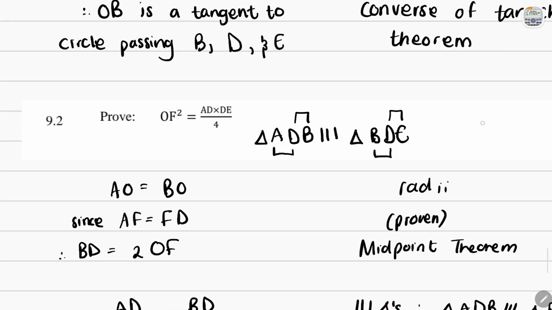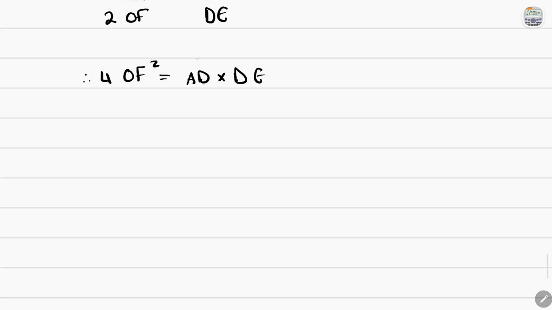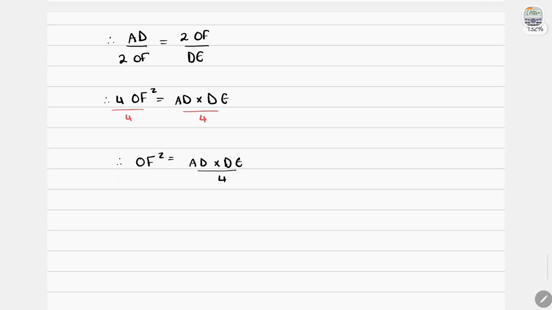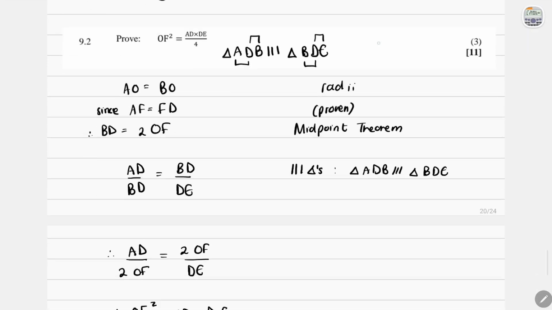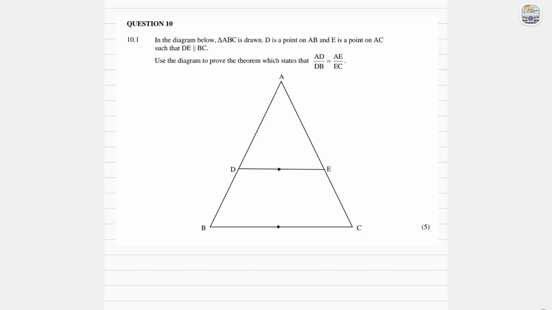And then you can see that they just divided both sides by 4 to get that 4 on the denominator. So once we divide both sides by 4, there we go. Indeed, OF squared is equal to AD multiplied by DE over 4. And that is our answer. And that is it for question 9.